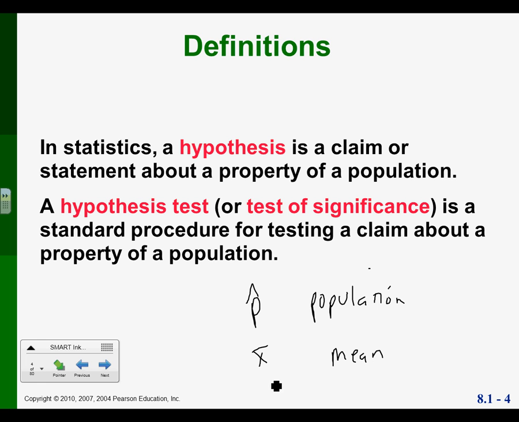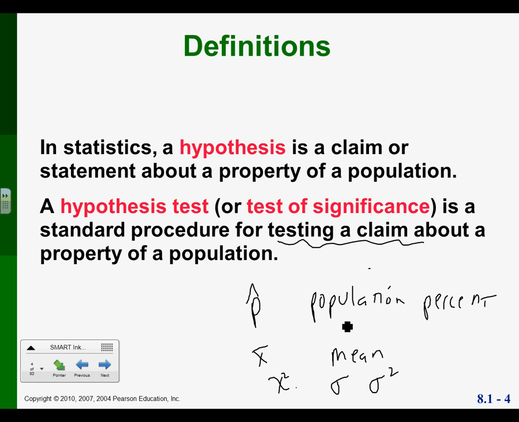Mean was X bar. Chi-squared we used for standard deviation and variance. What was the p-hat? What are the words with the proportional percents? You remember? 78% of people are going to go for this person. That's a population proportion. So these are the 3 things we're going to be testing.